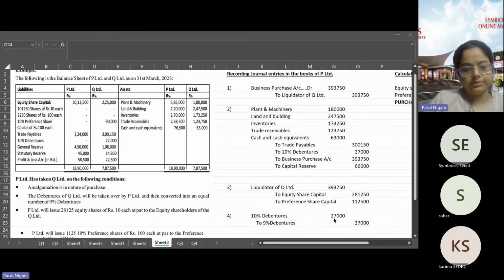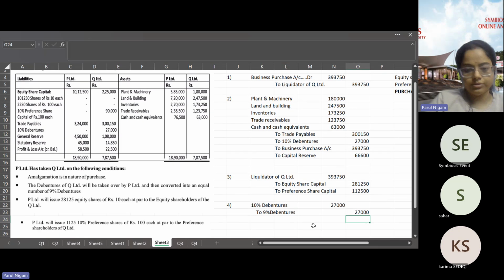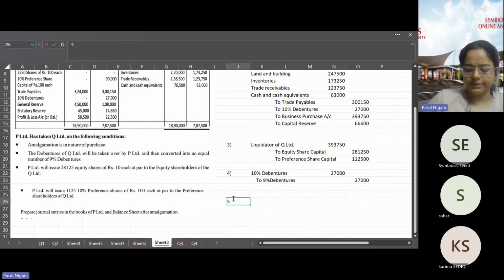Okay, this much. And then after that, for all these statutory reserves, like if you see Q Limited is having certain statutory reserves of 148050, that is also recorded. The thing is, they are recorded separately. They are not recorded in this entry. So we are going to record it as statutory reserve.